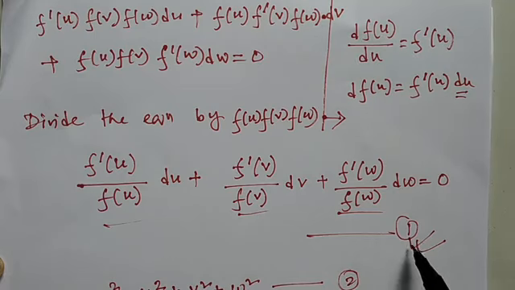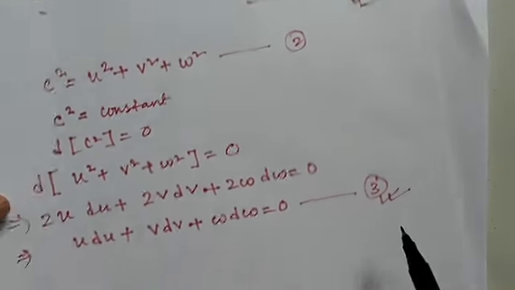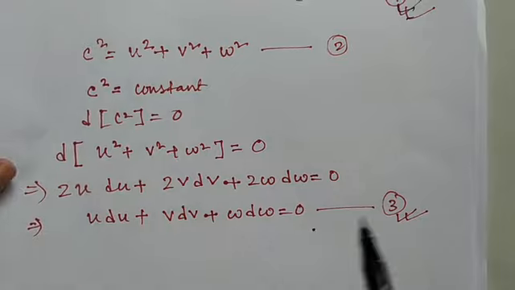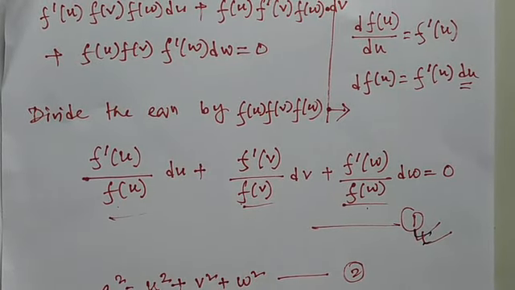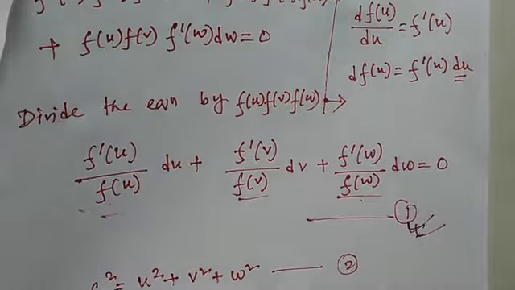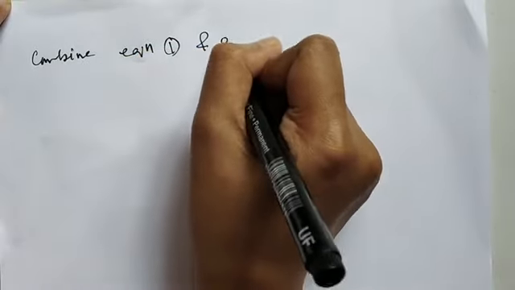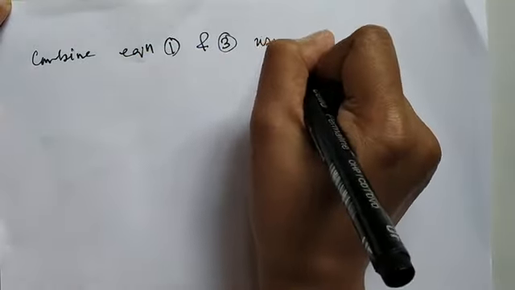So we will combine equation 1 and equation 3 to finally solve for fu, fv and fw. So how do we combine equation 1 and equation 3? By using the Lagrange undetermined multiplier.